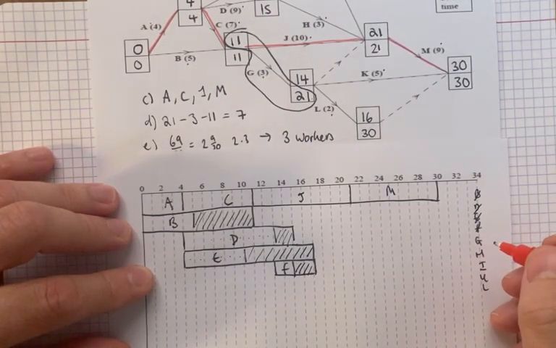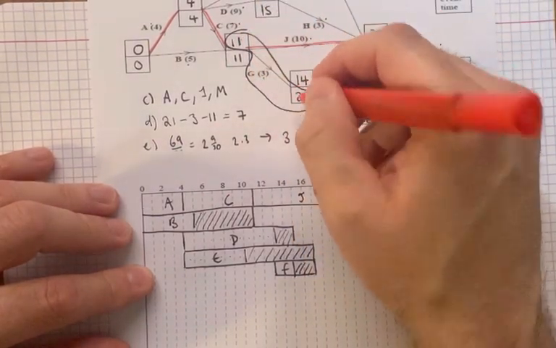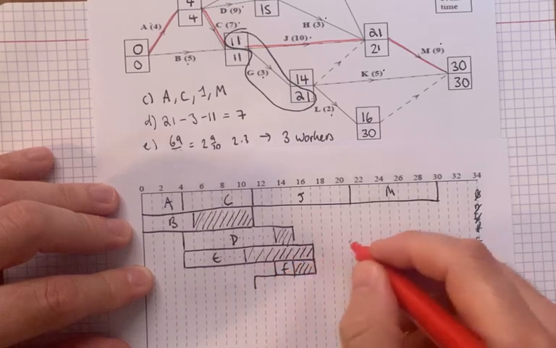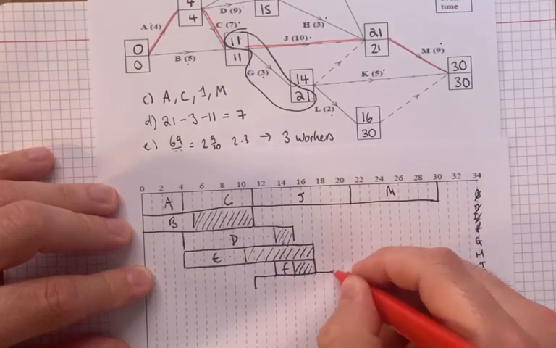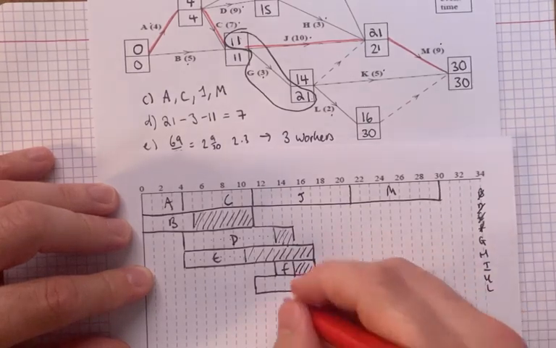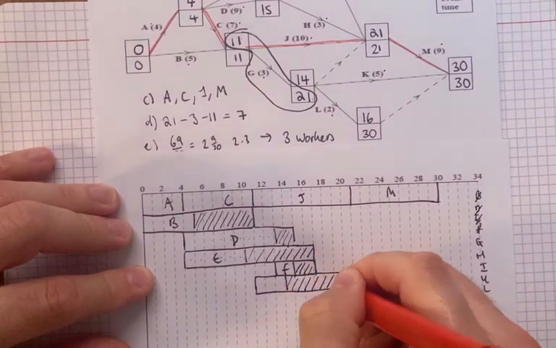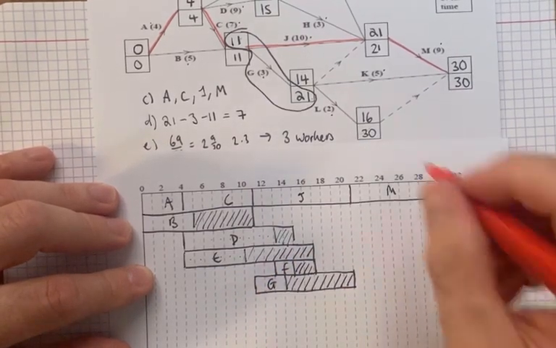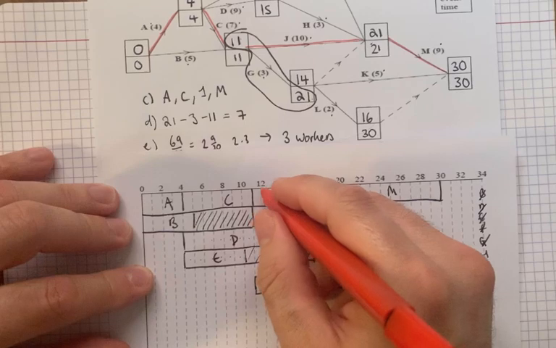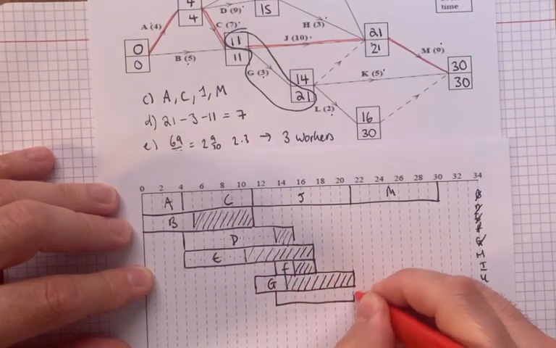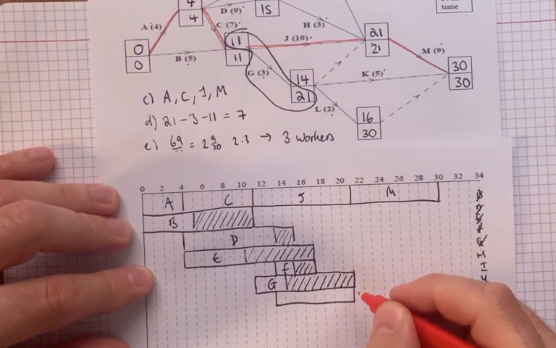Oh, G. No, it's here. 11 to 21. 11 to 21 takes 3. H, 13 to 21. H takes 3 as well.